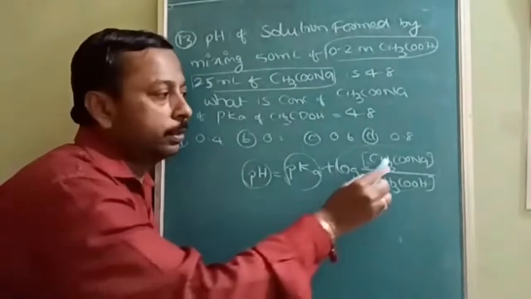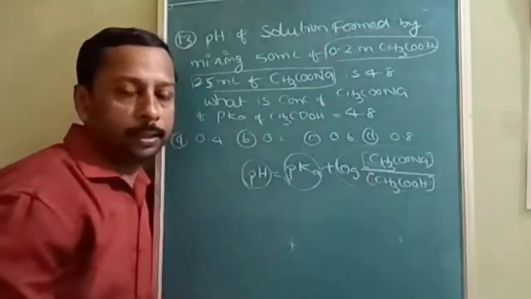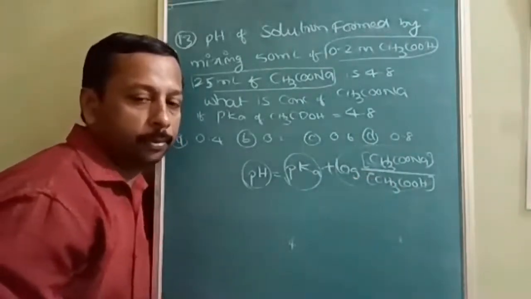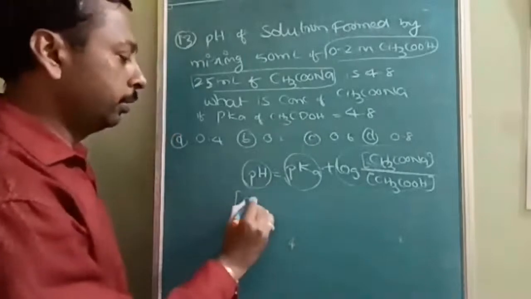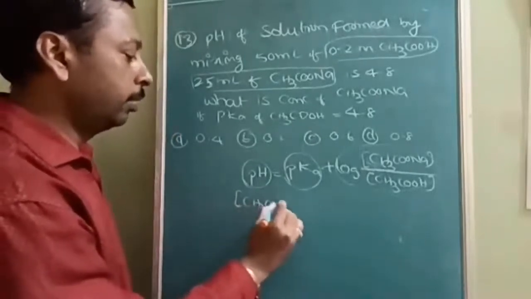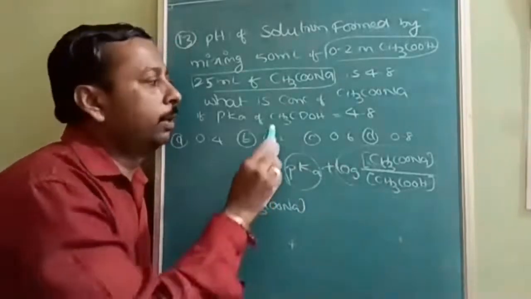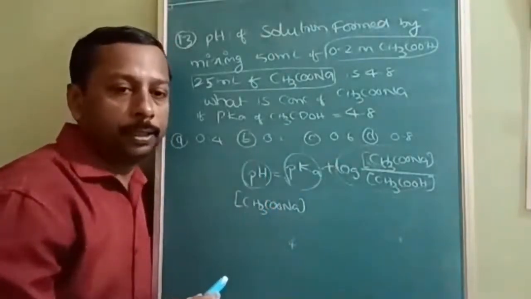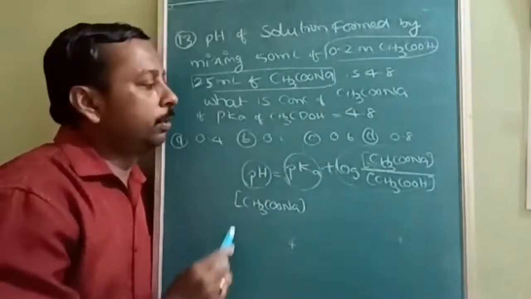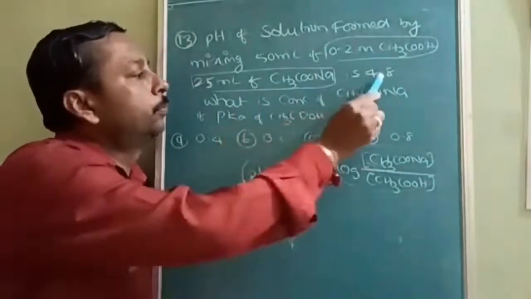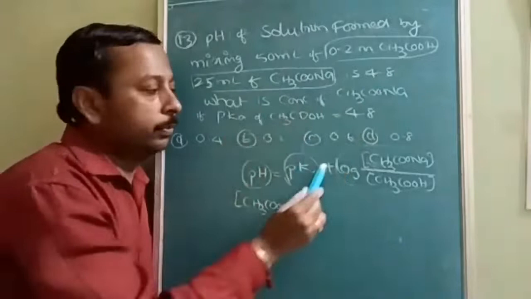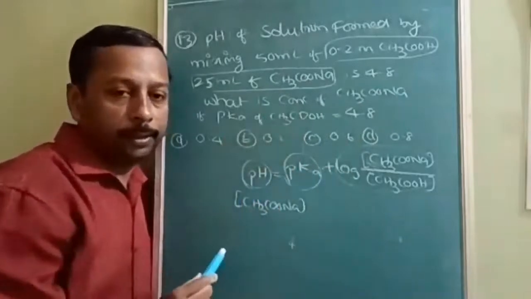Log 1 means the concentration, these moles must be the same. So concentration of CH3COONa. See, without any simplification, if we get values like this, then it is very easy. What values are we getting? Here 4.8, 4.8. Because of that, a lot of simplification has been saved.